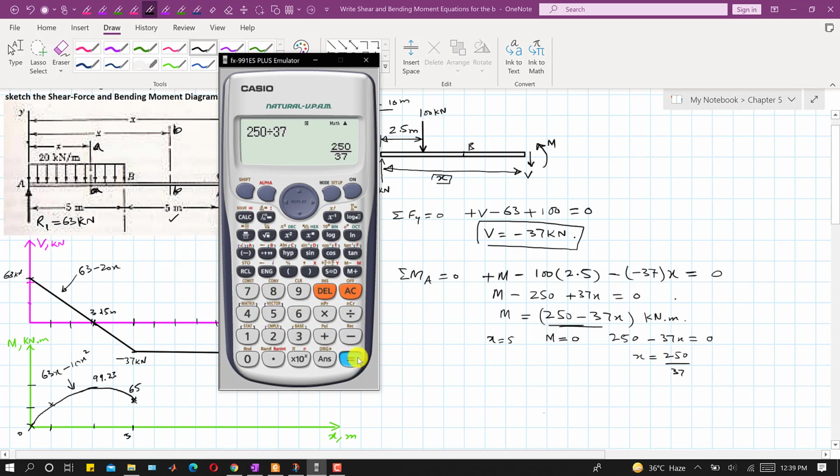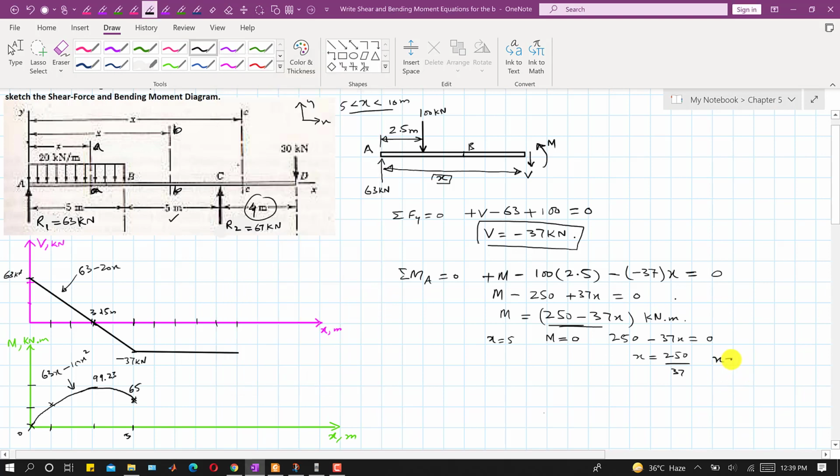This gives us 6.756, or we can say that it is 6.76 meters. So at x equal to 6.76 meters, the bending moment will be equal to 0. So this is 5 and this is 6, somewhere here is 7, so 6.76 will be somewhere here, right? So here the bending moment will be equal to 0.